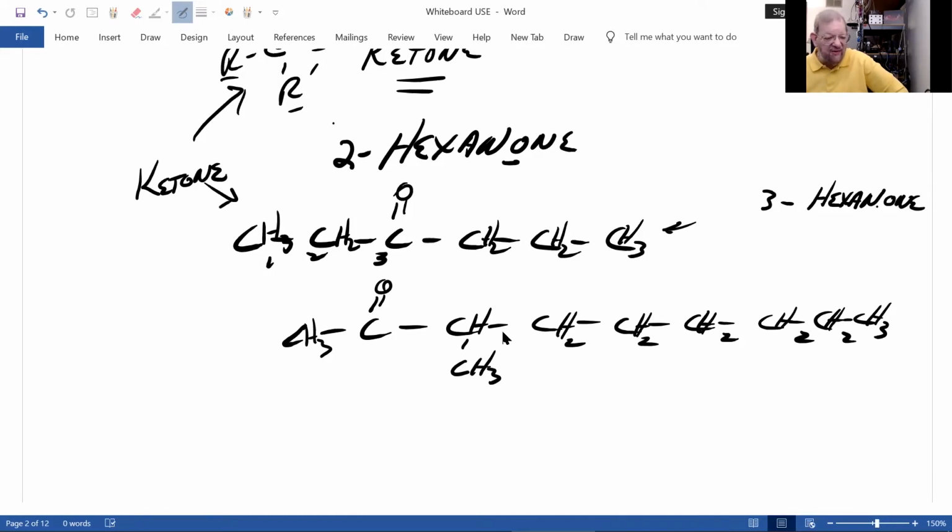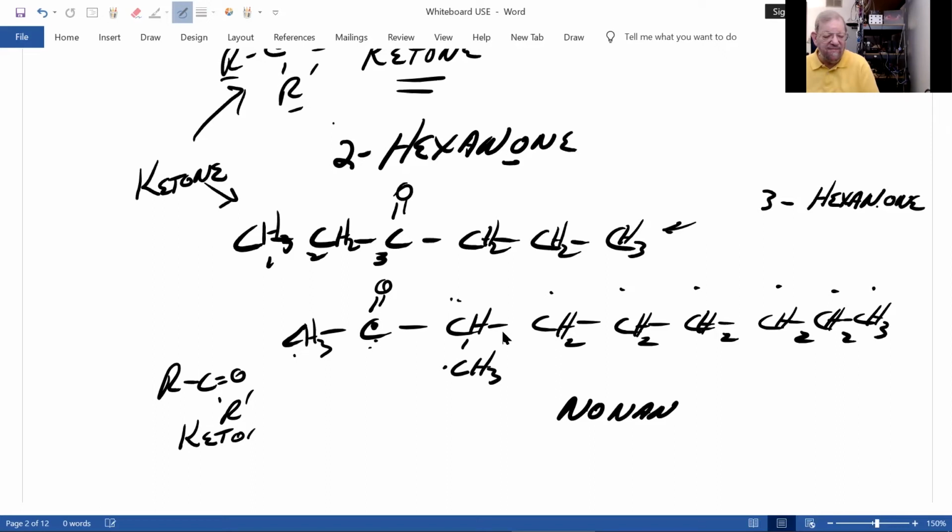What's the longest chain? It has to include the carbonyl carbon, carbon double bond oxygen: 1, 2, 3, 4, or 1, 2, 3, 4, 5, 6, 7, 8, 9. And I hope you all agree 9 is greater than 4, so that's the alkane nonane. But it's a ketone.